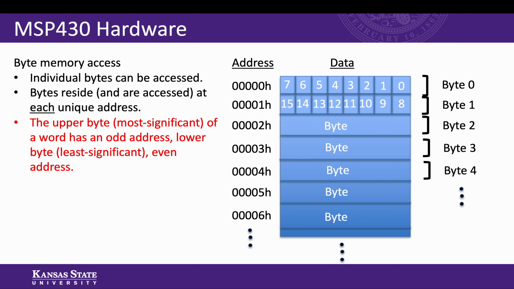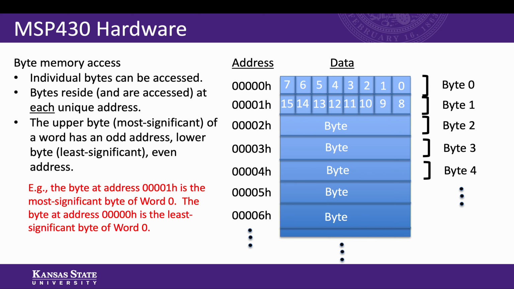The storage is such that the upper byte, that is the most significant byte, has an odd address, and the lower byte, that is the least significant byte, has an even address. So for example, the byte at address 1 here is the most significant byte of word 0. The byte at address 0 is the least significant byte of word 0.